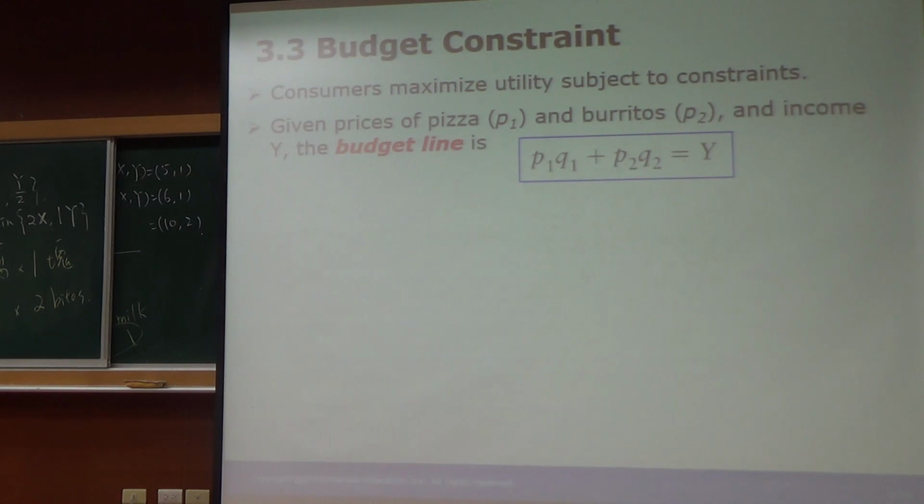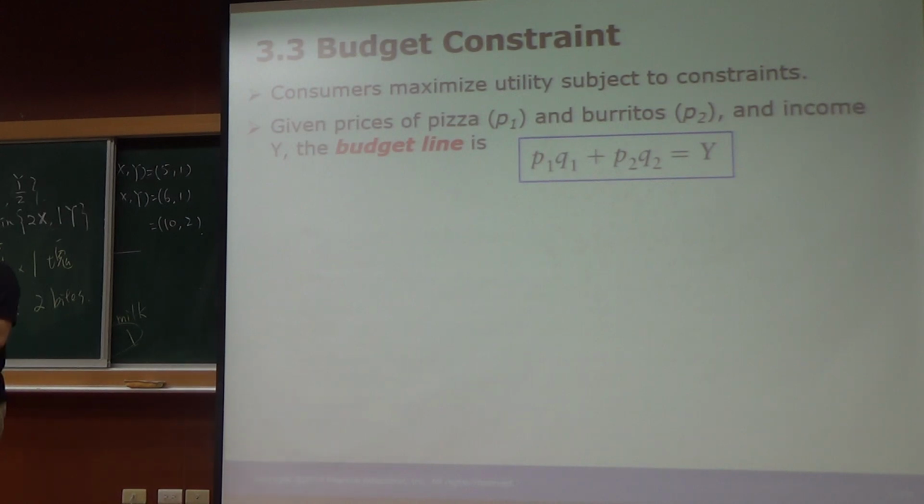P1 is the price for each unit, and Q1 is how many slices of pizza we have. So P1 Q1 means the total expenditure on pizza, and P2 Q2 is the expenditure on burritos.